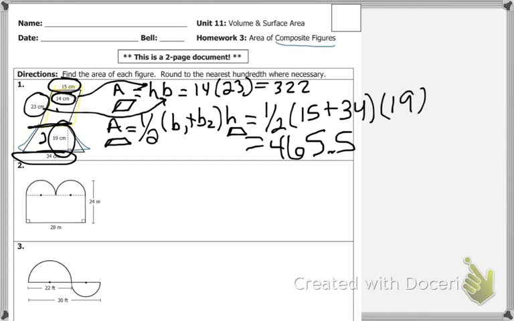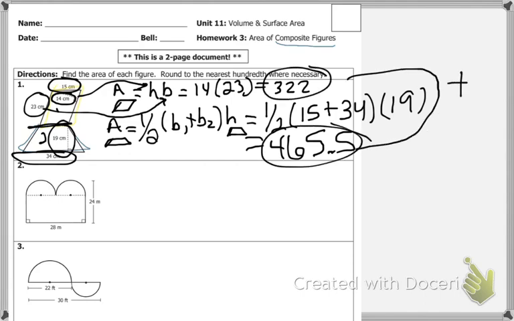Now the only thing I have to do is put this one and this one together. These two add and they equal 787.5 centimeters squared.